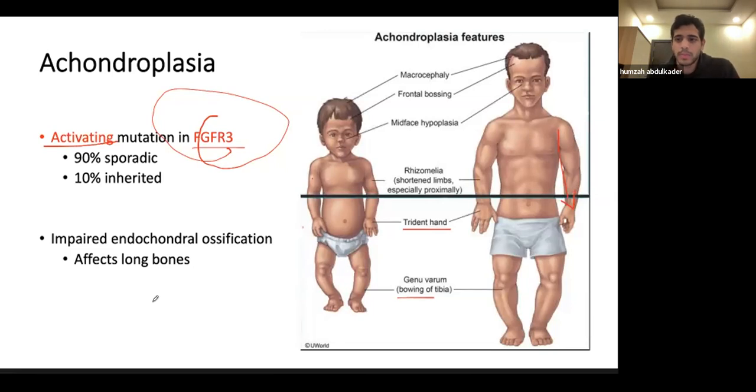They asked us in OSPE about like the Birbeck granules. They asked in OSPE and MCQ about histo. Definitely would not skip histo. They asked, I think, 3 OSPE questions about histo, something like that.